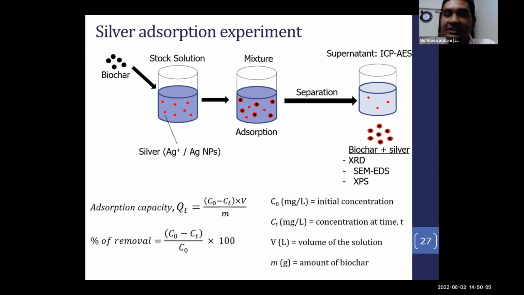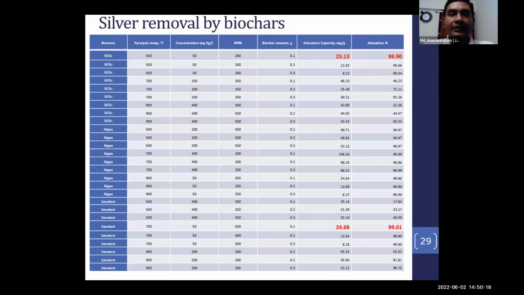The adsorption capacity and percentage of removal were the key indicators to determine which biochar is the most effective one, the best one among the three. So here is the total result of 27 experiments. As you can see, the middle one is the algae, with 99% removal, which means the algae biochar was able to remove all the silver, with different adsorption capacity.